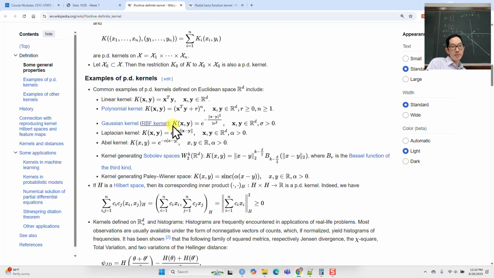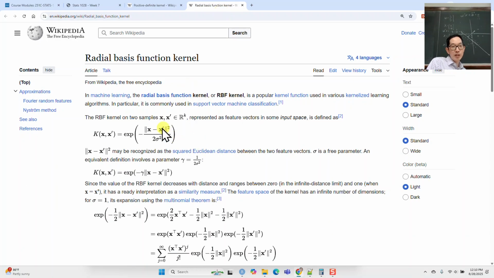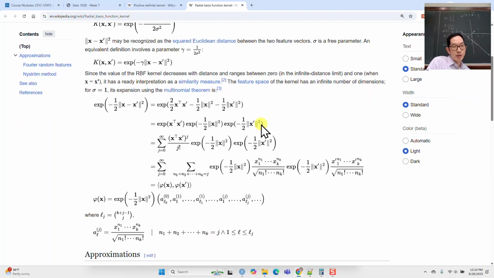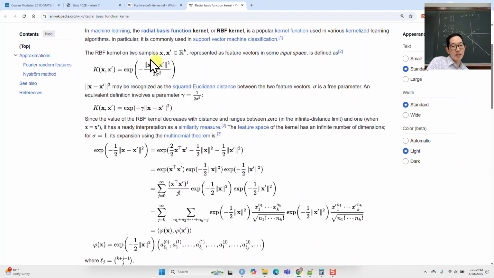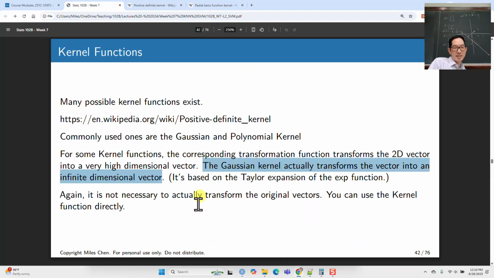And so this is the radial basis function, and within the radial basis function you have this parameter sigma, or sometimes it's called gamma, which is going to affect the properties of the boundary that gets drawn.